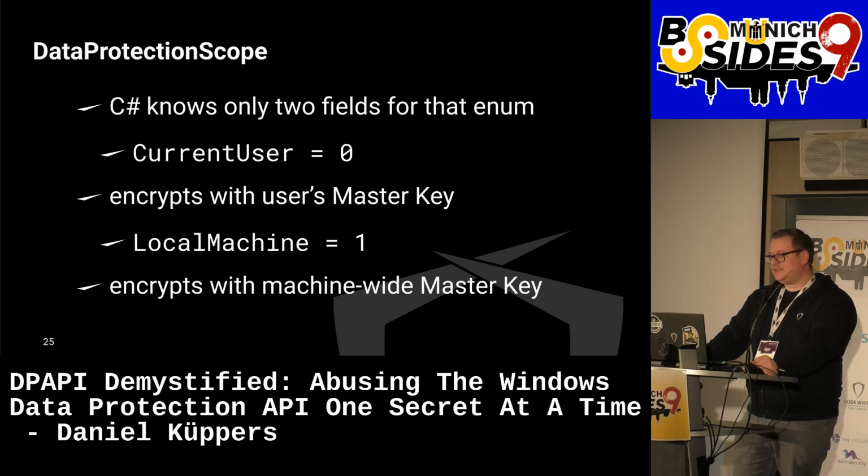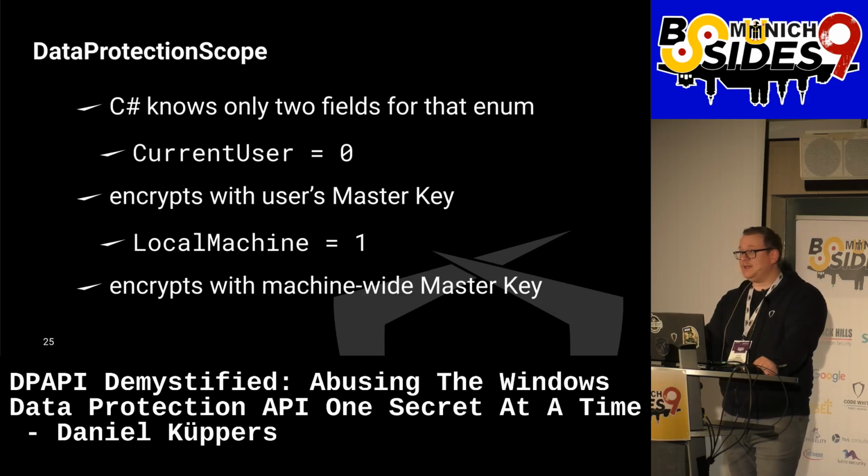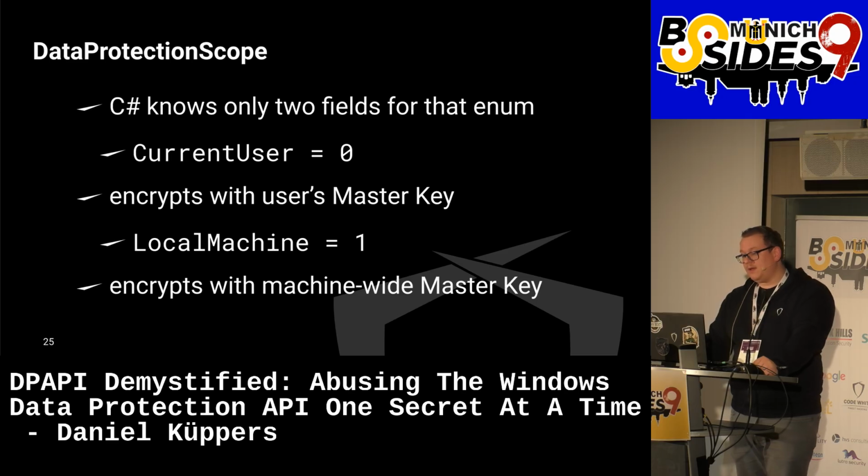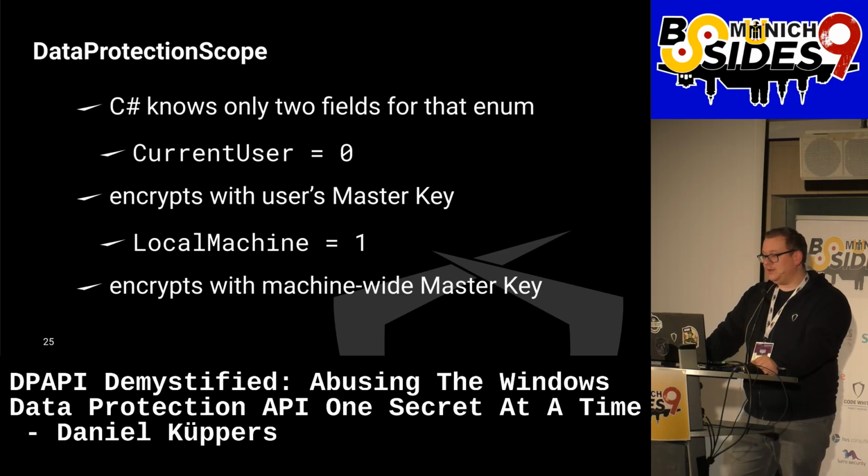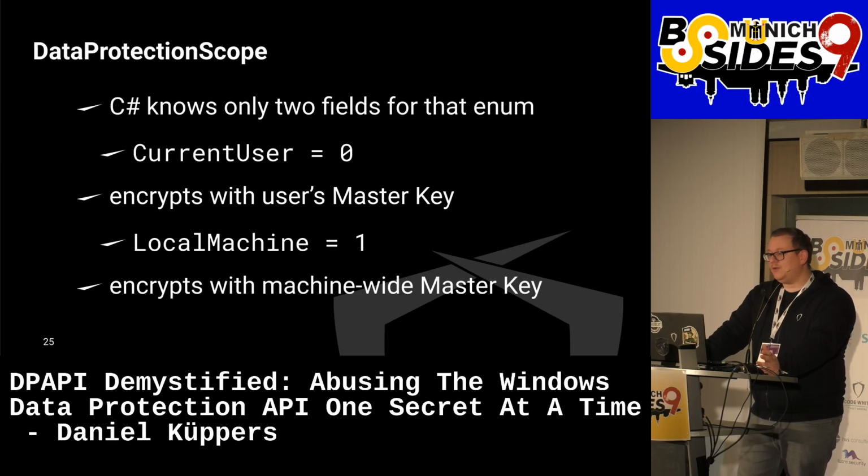That results in encryption with the current user's master key. So fine. The other one is LocalMachine, which is 1. That results in encryption with a machine-wide master key. So, okay, what is this local machine about?